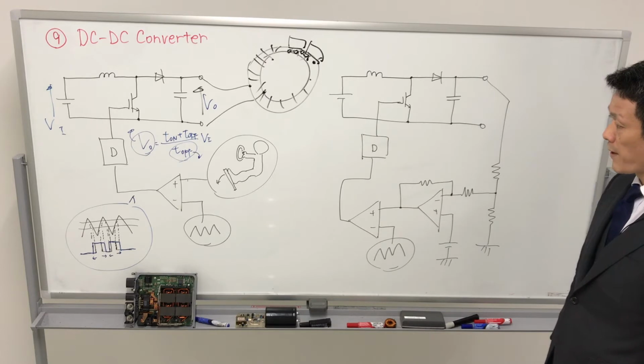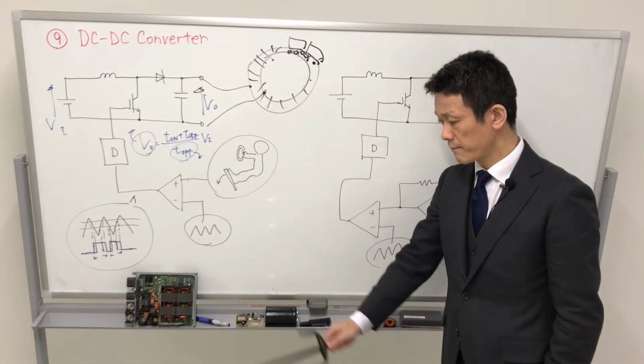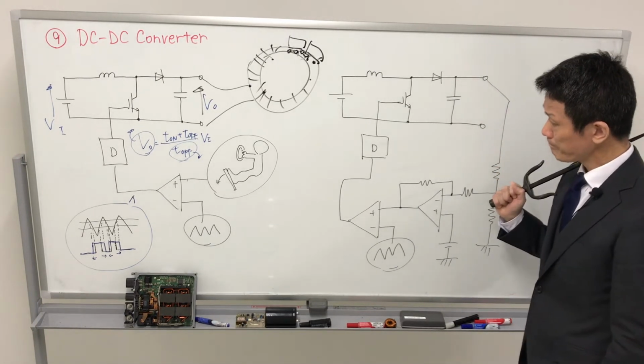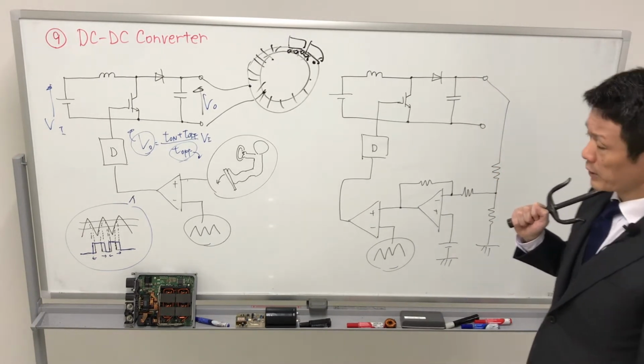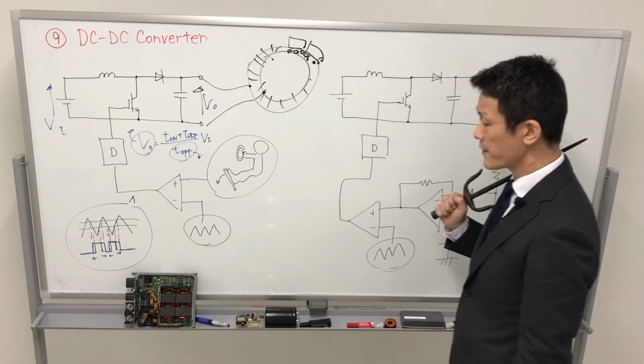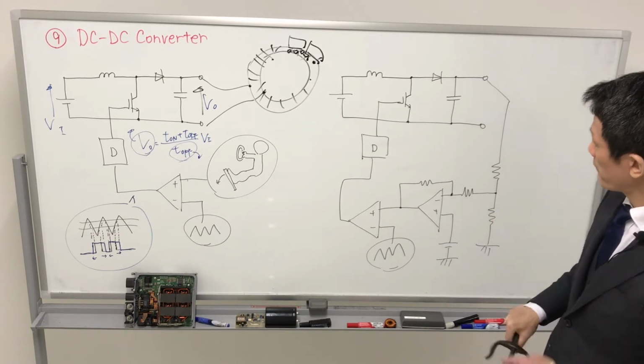However, in real automotive applications, we have, for example, this DC-DC converter. It does not control the motor drive. Motor drive is already applied for the AC drive, AC motors.